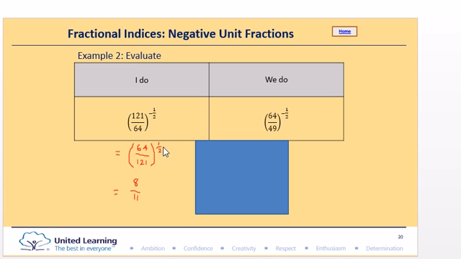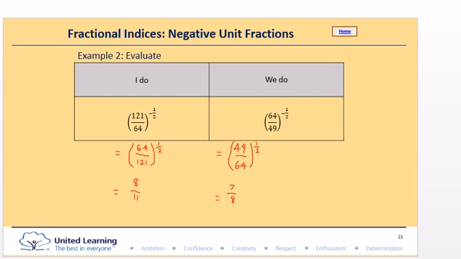Now the power of positive a half means the second root, the square root. So we find the square root of 64 and we find the square root of 121, which becomes 8 and 11 respectively. Please pause the video and try the we do for yourselves.